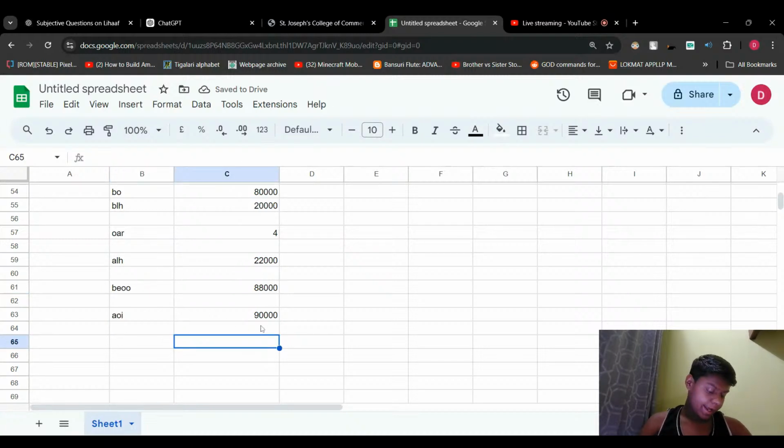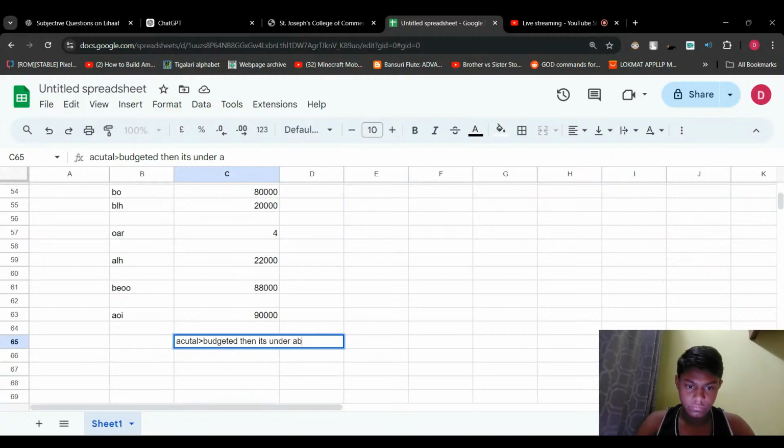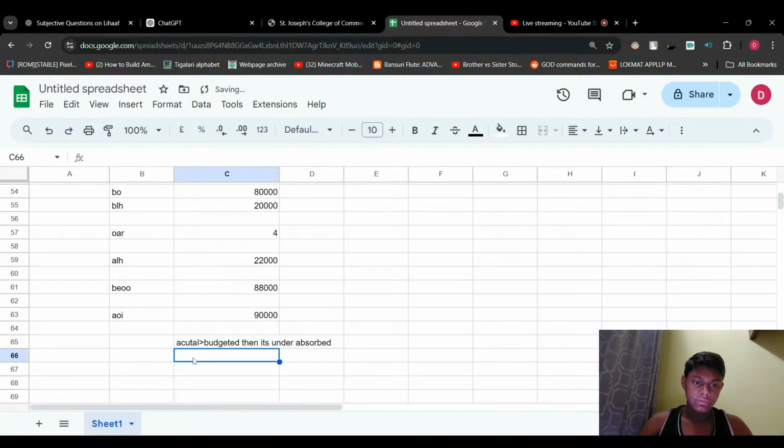So if the actual is greater than the budgeted, then it is understood that it is under absorbed. Remember this: if actual is greater than budgeted, then it's under absorbed.